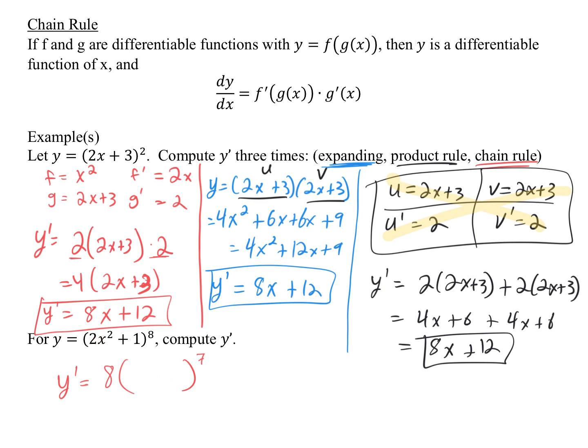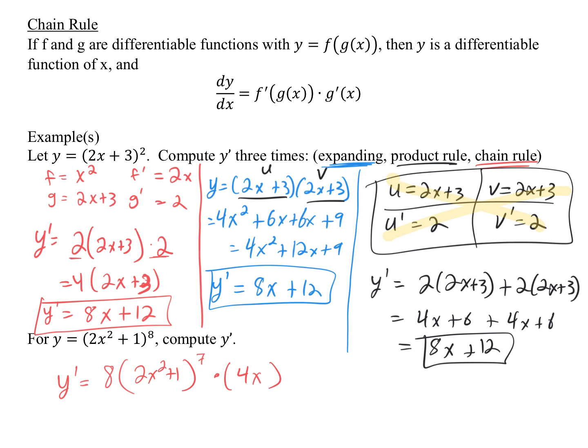At first, I'm not going to change anything, I'm just going to leave it alone. But then afterwards, I have to multiply by the derivative of the inside part. What is that derivative? The derivative of 2x squared would be 4x, and the derivative of 1 is 0. So this is our answer.